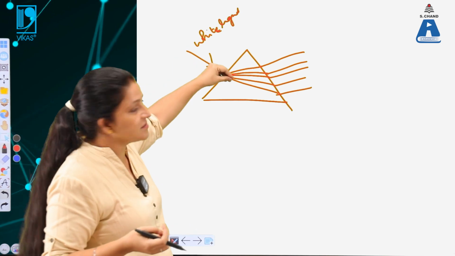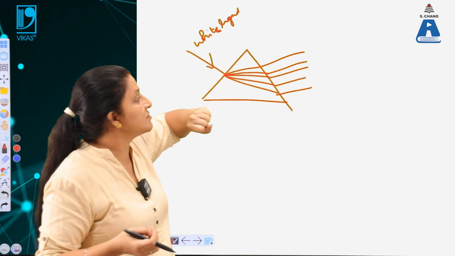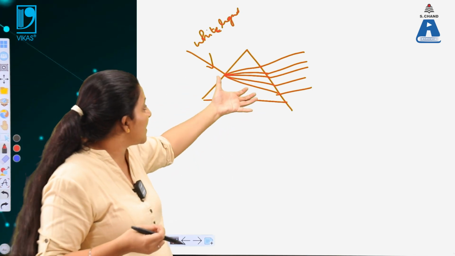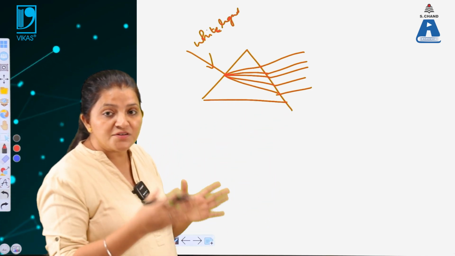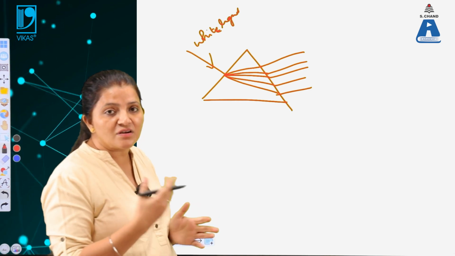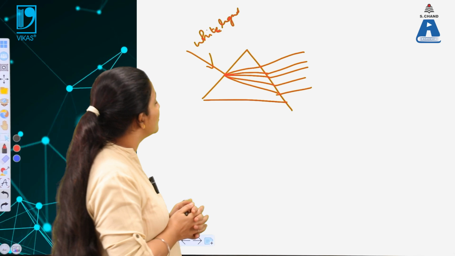When the white light is incident here, all the colors get separated out. Why is this so? Because the different colors travel through the prism, a different media, with different speeds. So due to the different speeds of the colors, the light gets separated into different colors when the white light is incident on the prism.